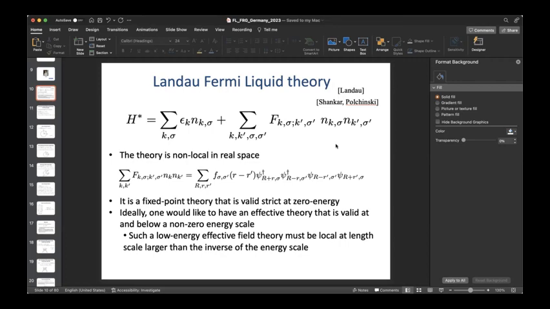Even though those terms, when you add them to the Hamiltonian, are formally irrelevant. You're saying here these corrections are not irrelevant; they are marginal in some sense.